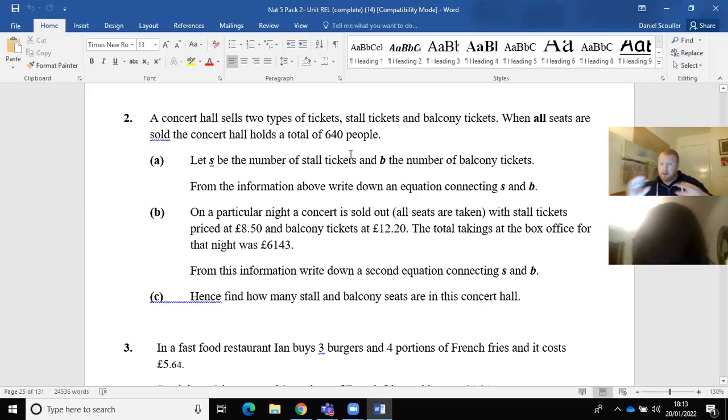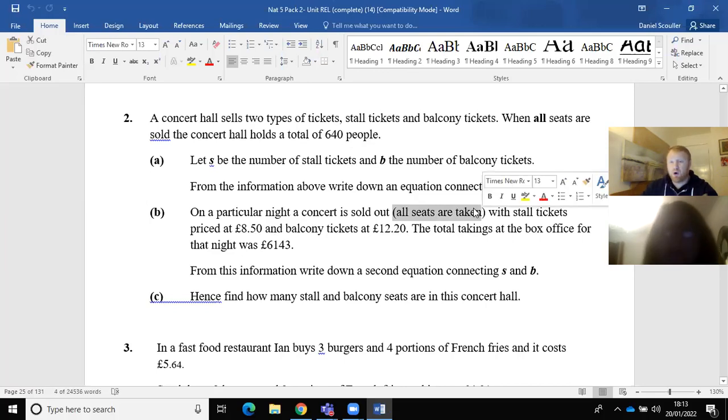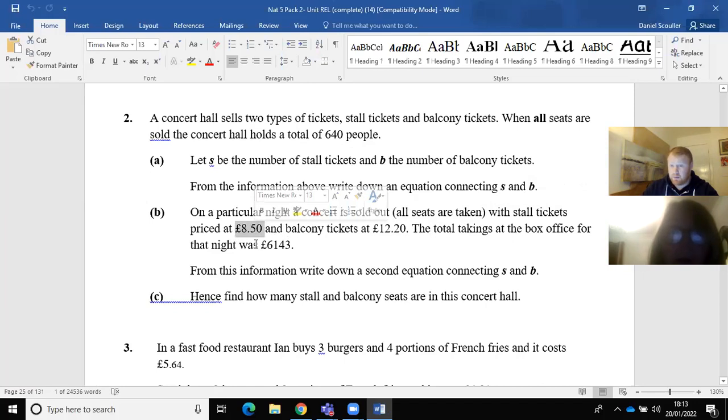But it still makes sense if you think about it. If we sell all our tickets, so all seats are taken, we need to sell all 640. The stall tickets have a price of £8.50, so that's one of our numbers we're putting in front of the variable. The balcony tickets, £12.20, and then we've got a total.